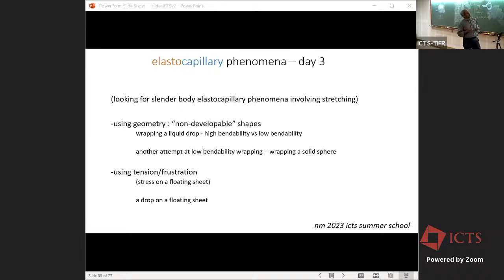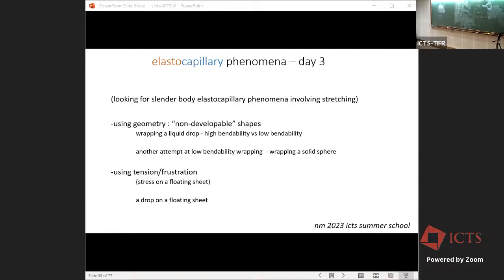So the idea is, I'm trying to look for slender body elastocapillary stuff that actually involves stretching. I told you, right? You suppress stretching wherever you can. You always try to bend. But I'm looking for situations in which stretching is likely or inevitable, those kinds of things.